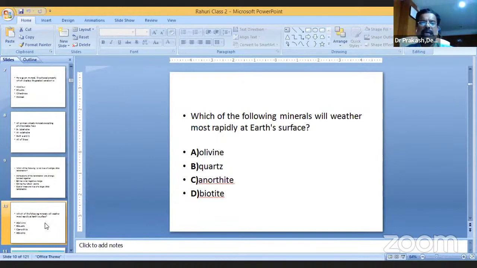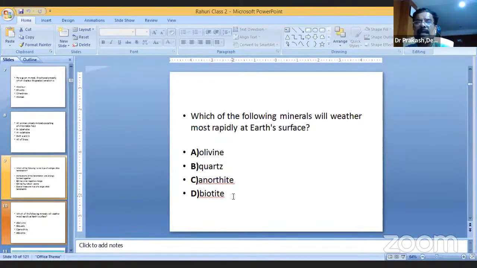Olivine, quartz, anorthite, biotite. Olivine is a ferromagnesian mineral with independent silica tetrahedra. Quartz is a tectosilicate. Anorthite is a calcium plagioclase. Biotite mica is a ferromagnesian mineral. Now consider where they have formed, at what temperature they have formed.